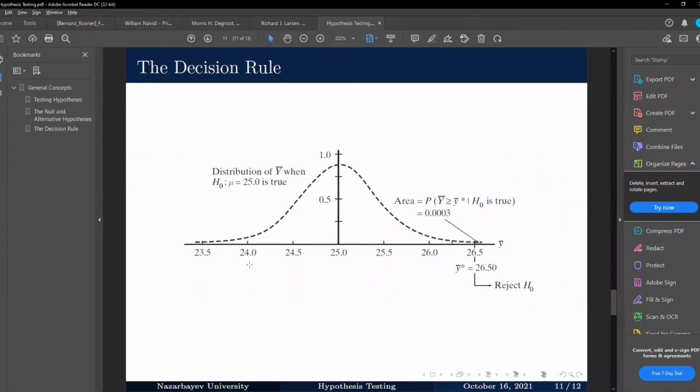Okay, so here is our null distribution under the assumption that mu is equal to 25. And the probability that y bar is going to be greater than y bar critical of 26.5 is very small. So there is a very small area in the right tail here.